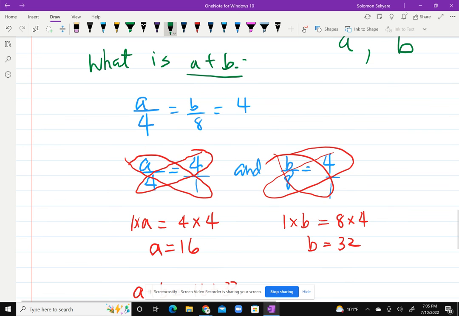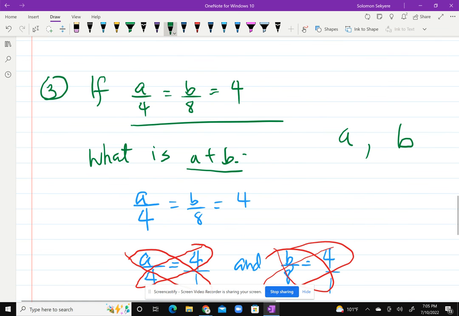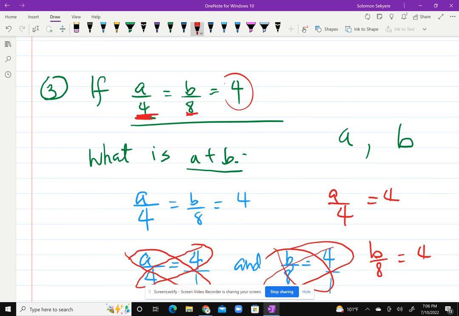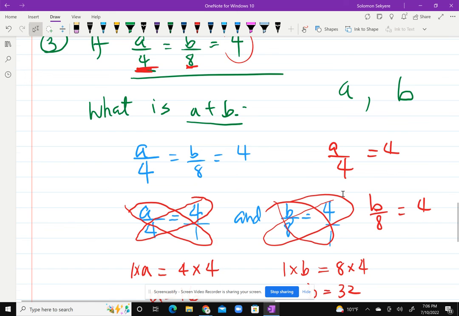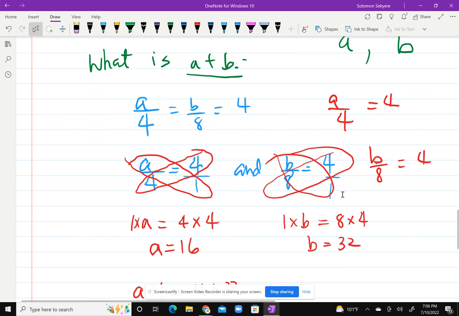Okay, so what this means is, this a over 4 is equal to 4, right? And then also b over 8 here is also equal to 4, right? They are both equal to 4. All right, 4 is a whole number, so write it over 1.